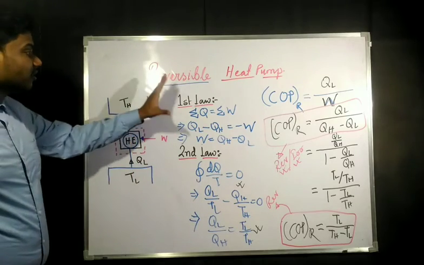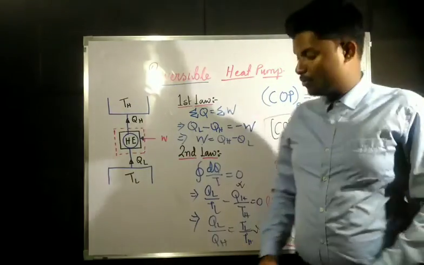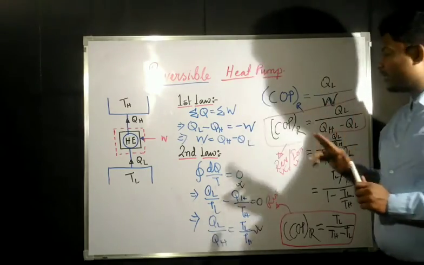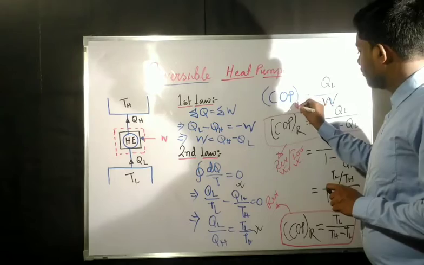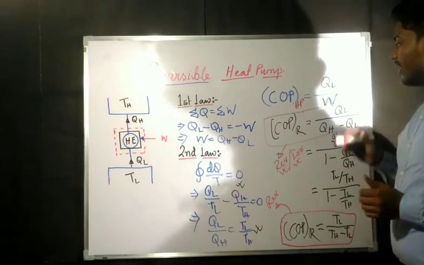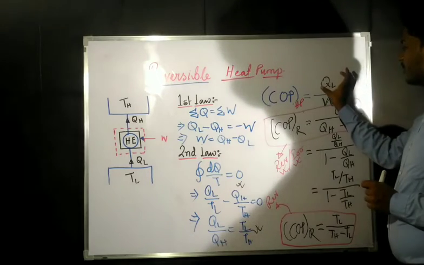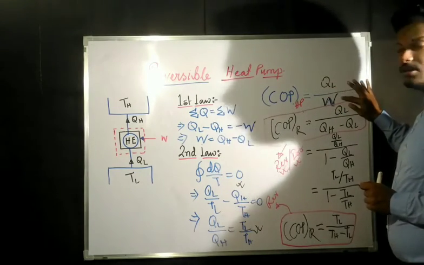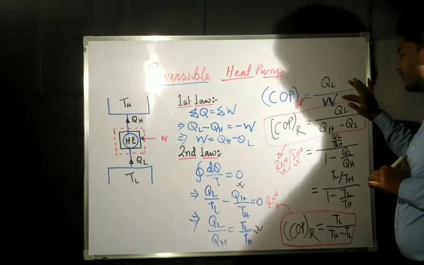Now for the heat pump, everything up to here is the same. The difference comes when we need to find the COP of the heat pump. In the COP of the heat pump, we take the desired effect in the numerator, and whatever work or energy you are giving comes at the bottom.